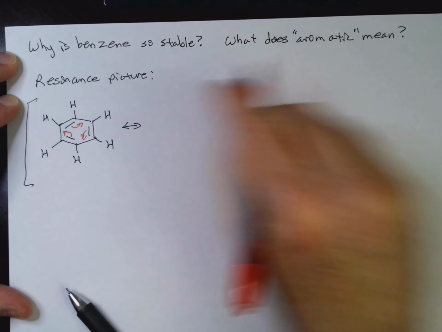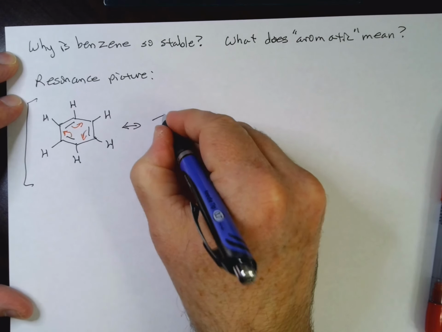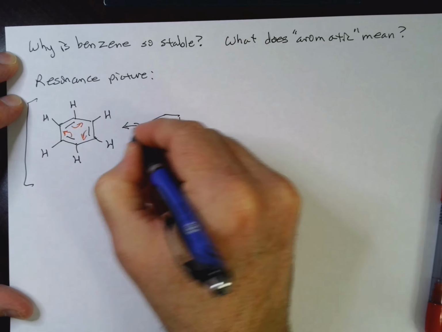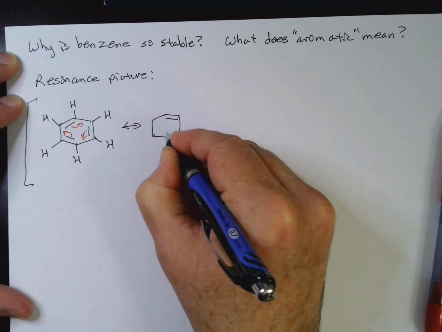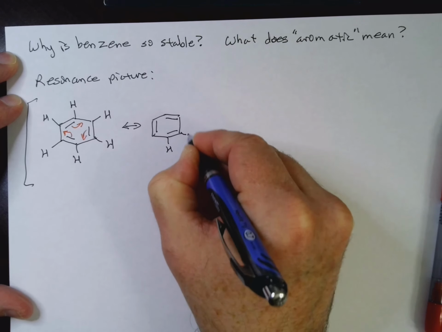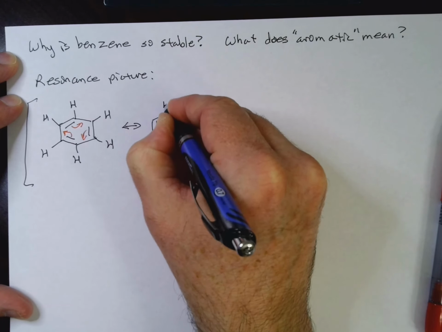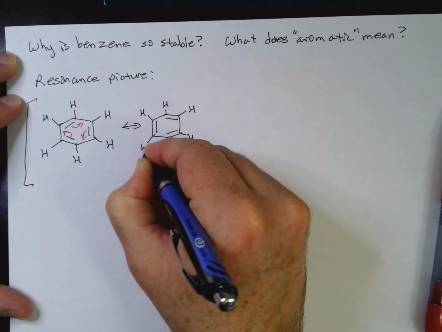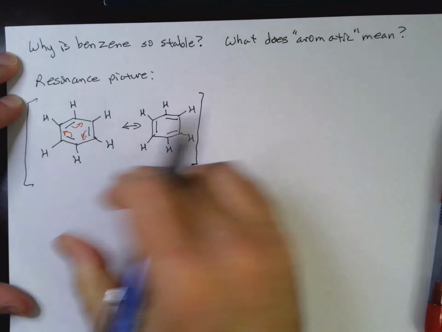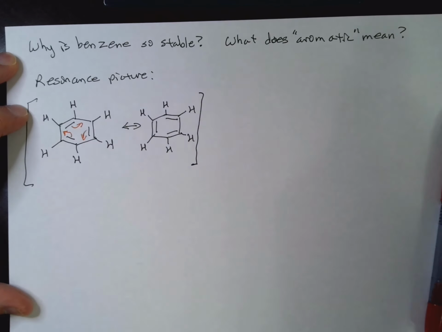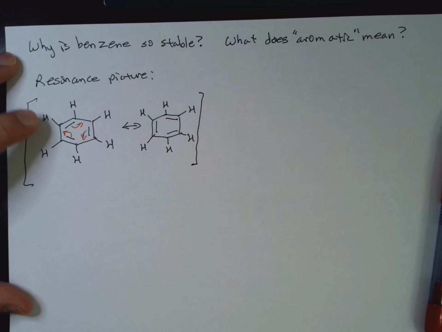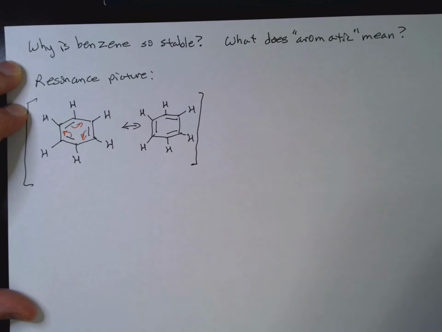And we could push electrons around and get a different resonance structure for benzene. So that double bond is there, that one is down there, that one's over there. Still have my hydrogens here. And I know, yes, it looks like it's just rotated 60 degrees, but remember with resonance structures, we're pretending that all of the atoms are fixed to the piece of paper here. So our double bonds are in different places then. These are resonance structures.